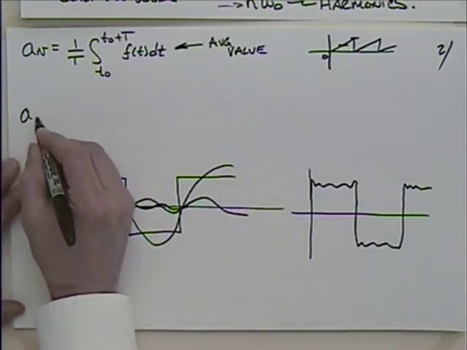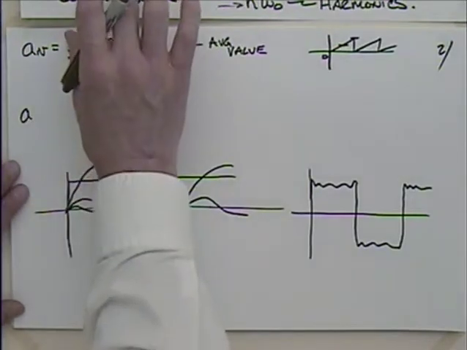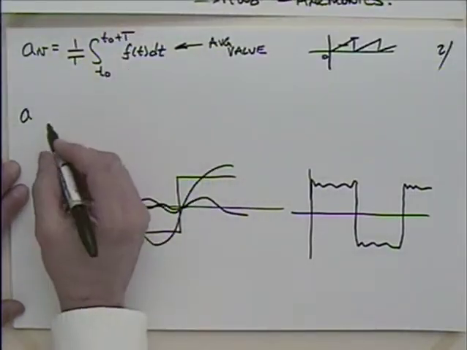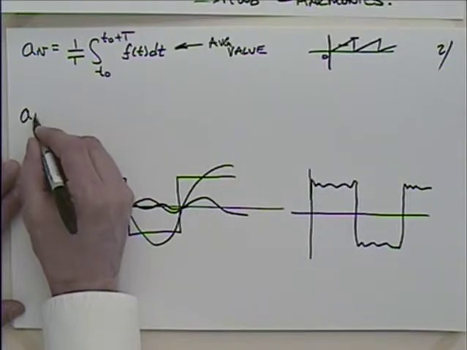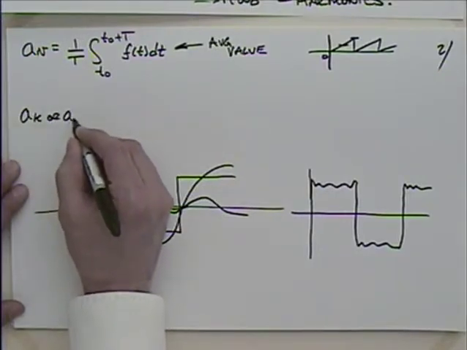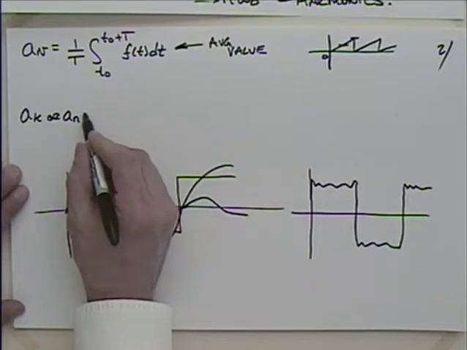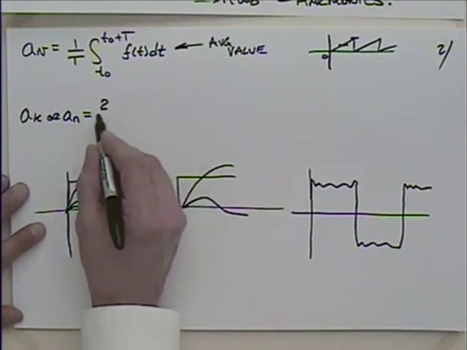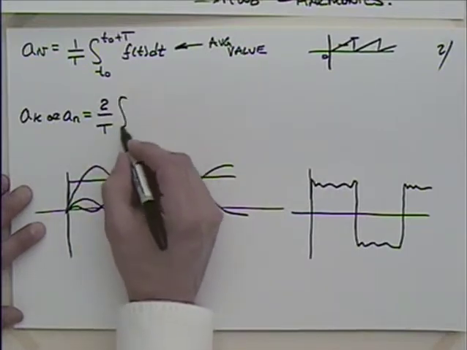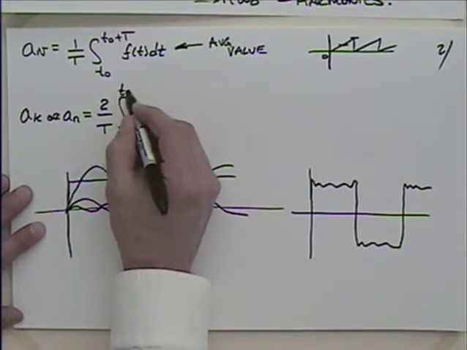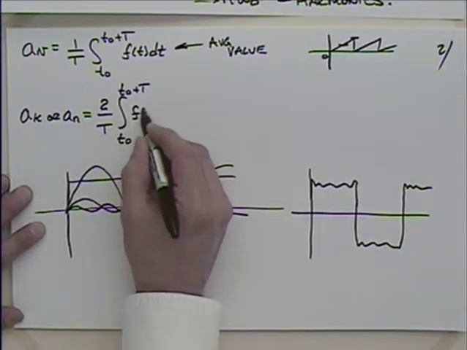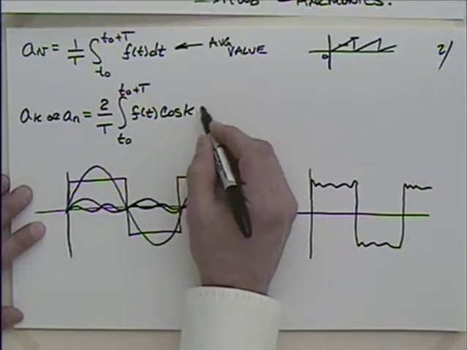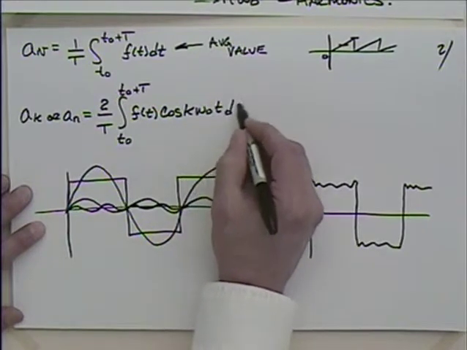A sub k, or sometimes A sub n. I think I wrote them as A sub n above. That's going to be equal to 2 divided by the period T times the integral from t naught to t naught plus T of f of t times the cosine of k omega naught t dt.